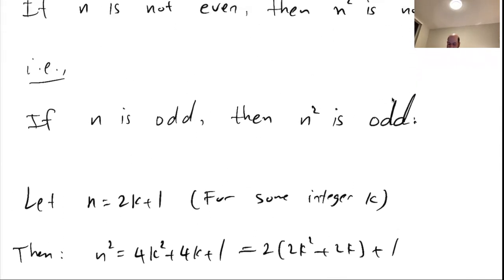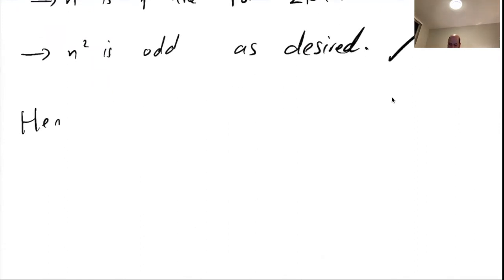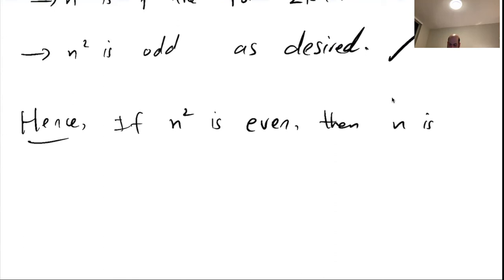Okay. So hence, if n squared is even, then n is even.